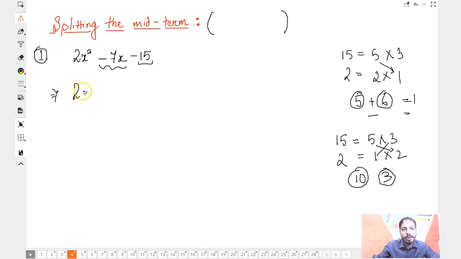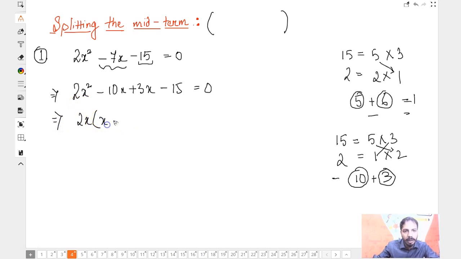I will write 2x square, and this minus 7, I can write as minus 10 plus 3. So let me write it as minus 10x plus 3x minus 15, and let me say this is equal to 0. Now let me take 2x common here. If I take 2x common, I get x minus 5.